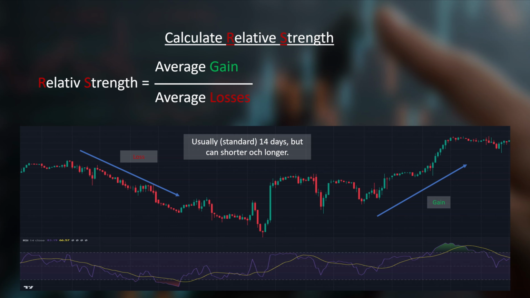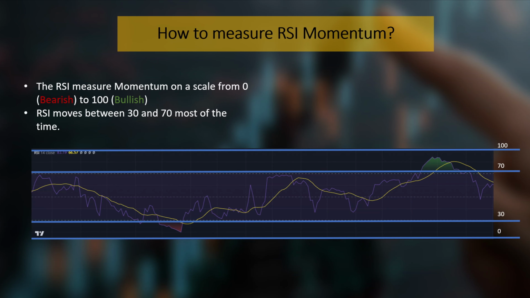It depends on how you trade it. Well, how do we measure the RSI momentum? We get a grade from 0 to 100, where 0 is bearish and 100 is bullish. And the RSI moves between 30 and 70 most of the time.